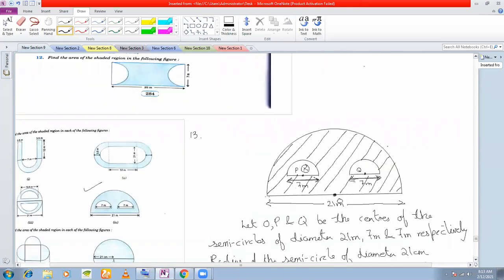You know the area of the largest semicircle. So therefore, area of the shaded region will be area of the largest semicircle minus area of the two smaller semicircles.